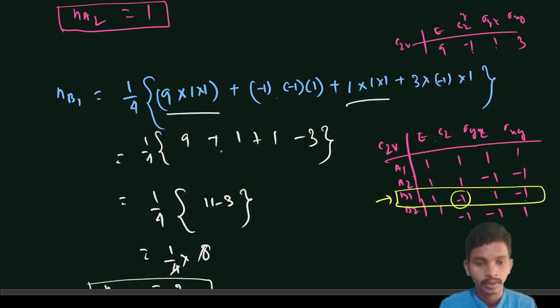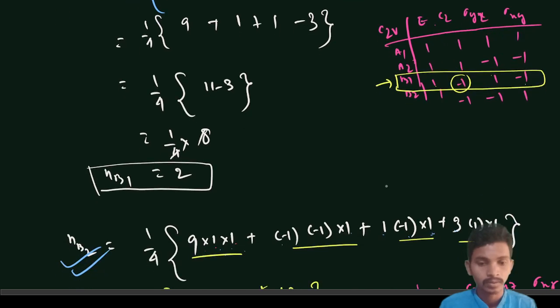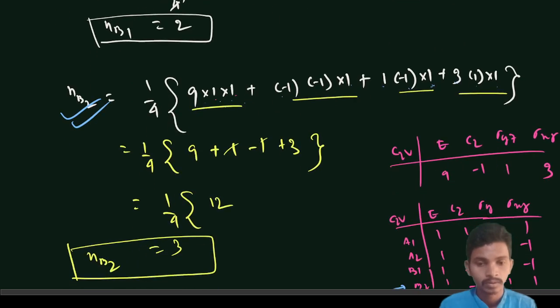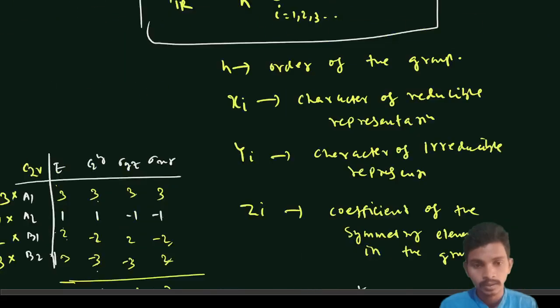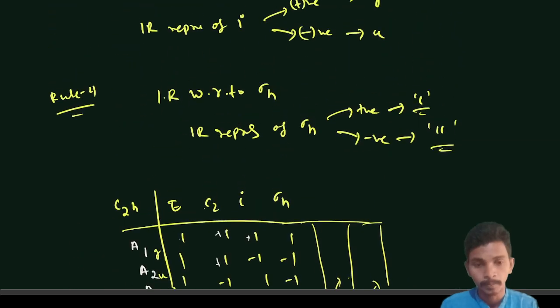This is 9, this is 1, this is 1, minus 3, 9, 10, it is 2. 9, this is 1, this is minus 1, 3, 12, 3. Everything is right, but where is the problem?